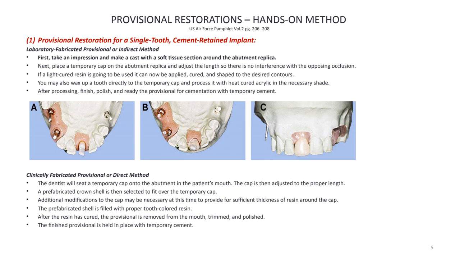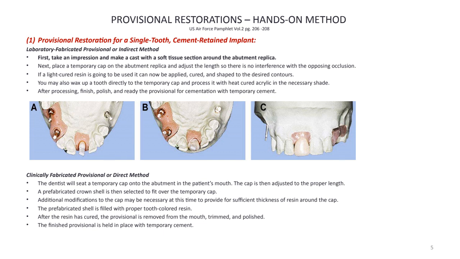So in other words, we can wax up a full contour tooth directly on the temporary abutment, and then use lab putty to make a matrix, remove the wax-up from the abutment, and fill up the matrix with the tooth-shaded acrylic, place it over the abutment, cure it, and reshape it, polish it, stain it, and glaze it, and the restoration is done.